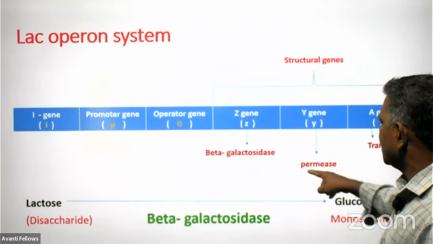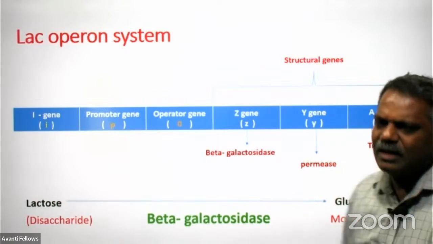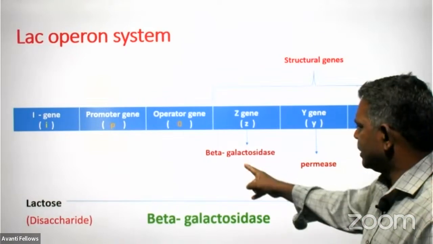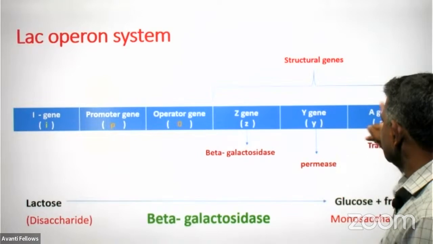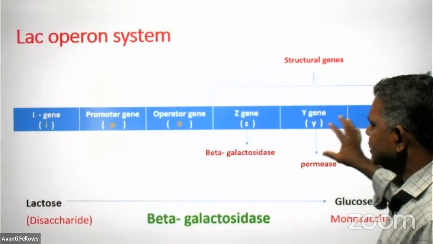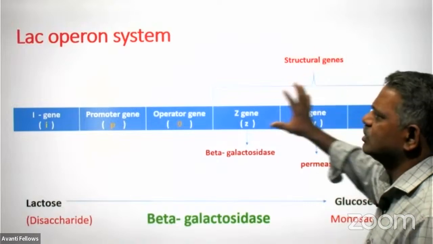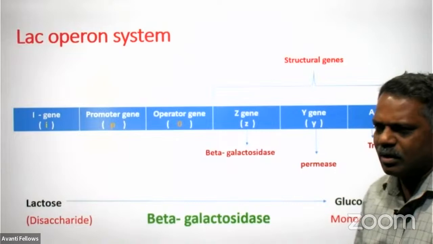The Y gene is for producing permease, and the A gene is for producing the transacetylase enzyme. These three enzymes or proteins, beta-galactosidase, permease, and transacetylase, are produced by the structural genes present in the Lac operon.